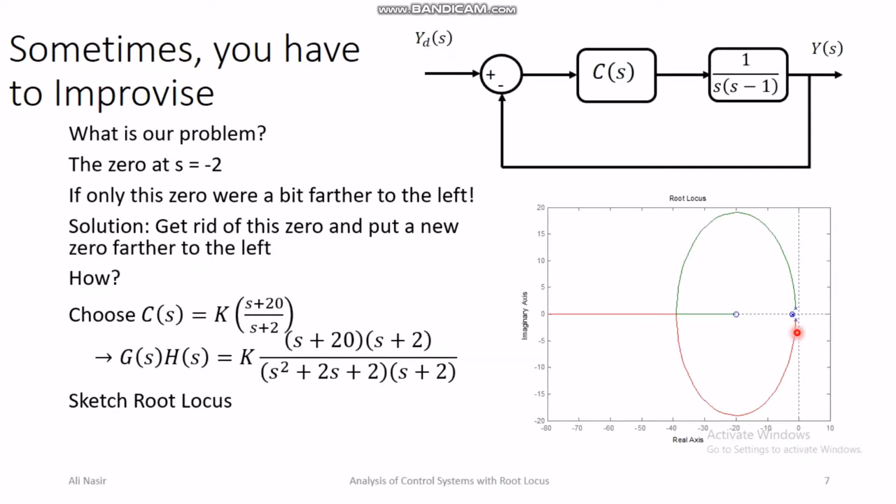That is bringing these poles farther away to the left, and they are breaking in almost at -40 or maybe -38, and now we can easily achieve our low settling time, and fast dynamics with low overshoot, and that would be just like a piece of cake for us now.